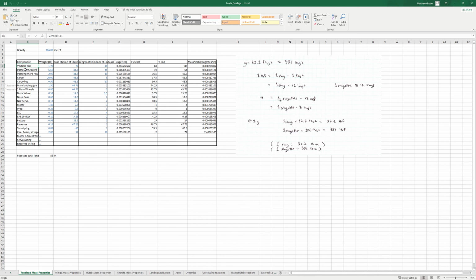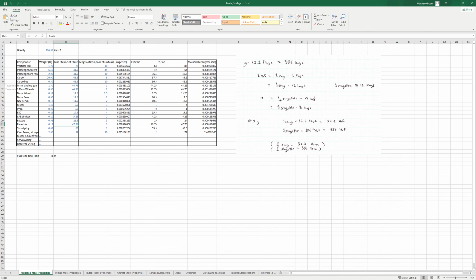And so here's the rest of, for instance, the landing gear, nose gear, servos, ESC, battery, things like that. So those are components. It's not entirely done. It's just sort of an example sheet. You'd probably have a longer list. Now, since this is the fuselage, we're using fuselage station as a reference dimension, which is in inches here.